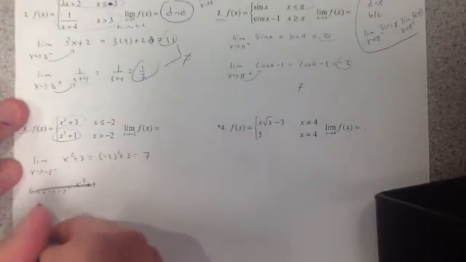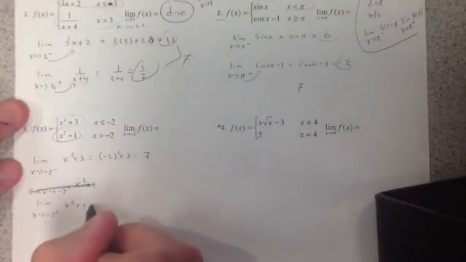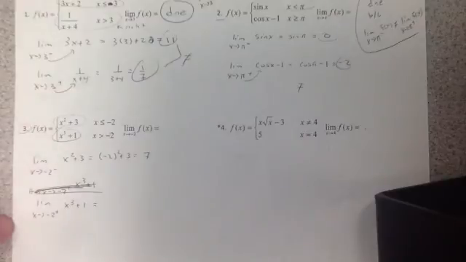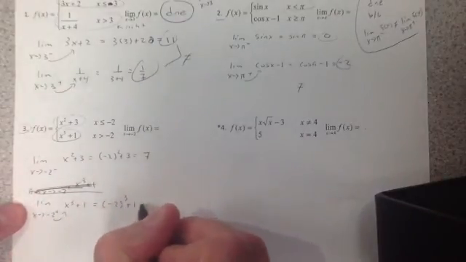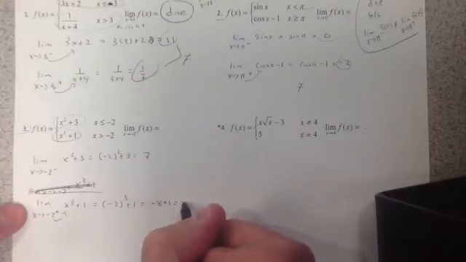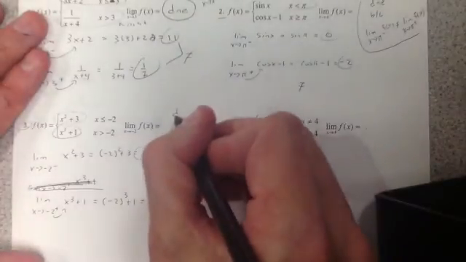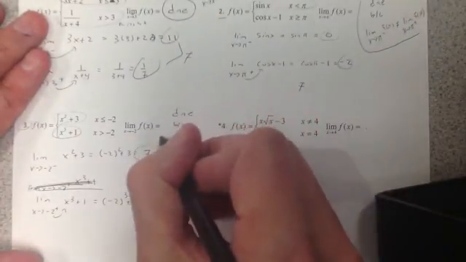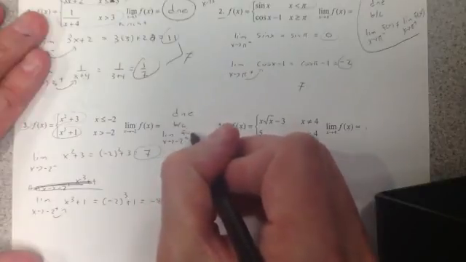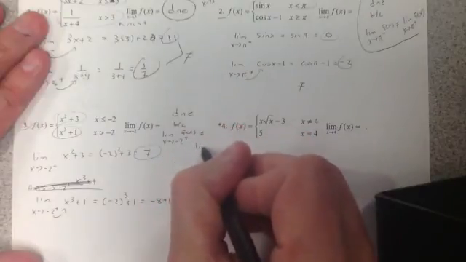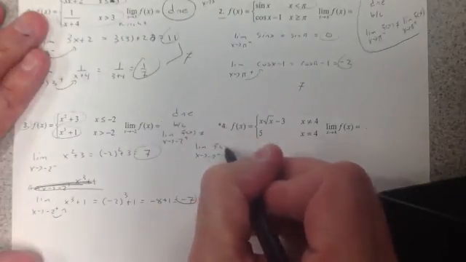Let me fix that. We plug in the negative 2. We get negative 2 cubed plus 1, which is negative 8 plus 1, negative 7. Close, but no cigar. So again, the limit does not exist, because the limit as x approaches negative 2 from the right of our function does not equal the limit as x approaches negative 2 from the left of our function.